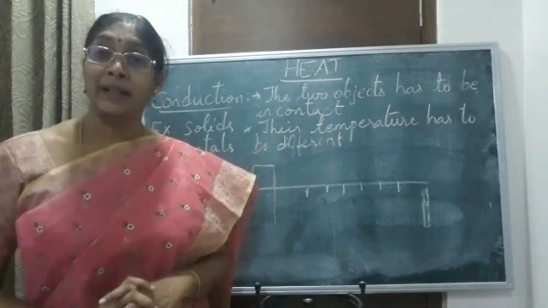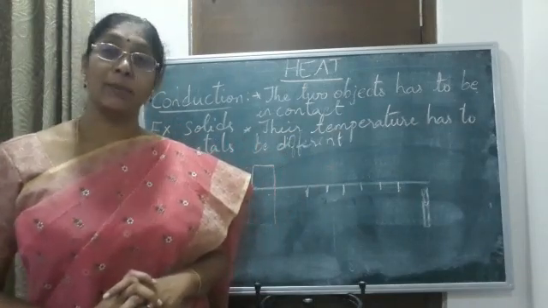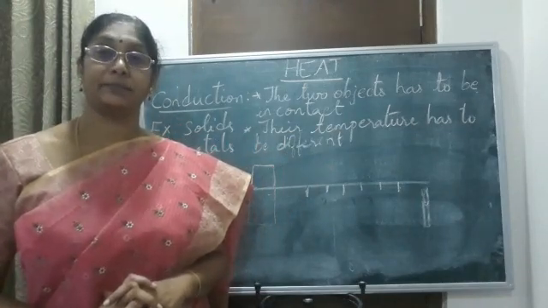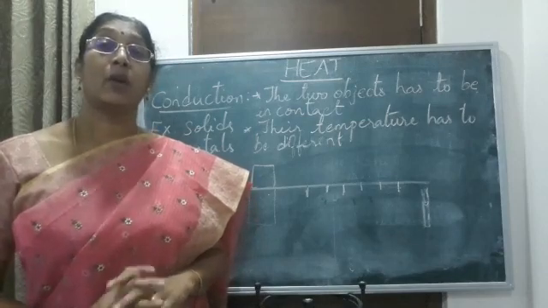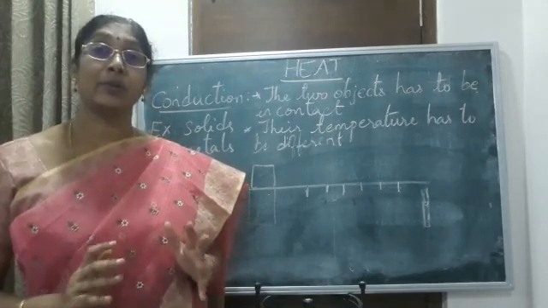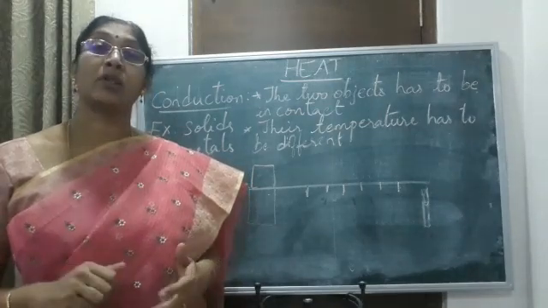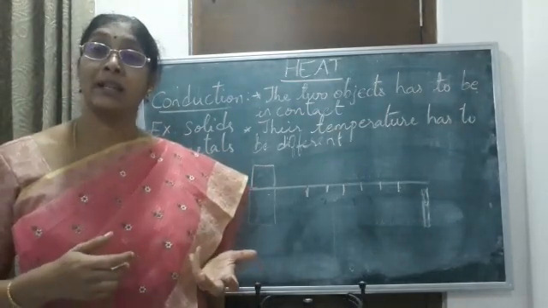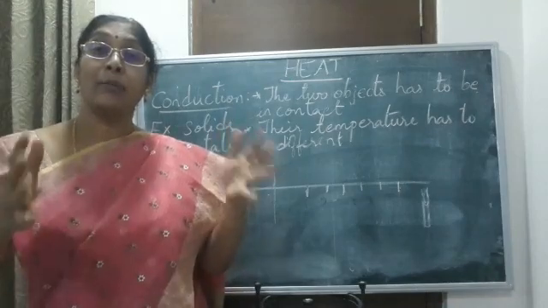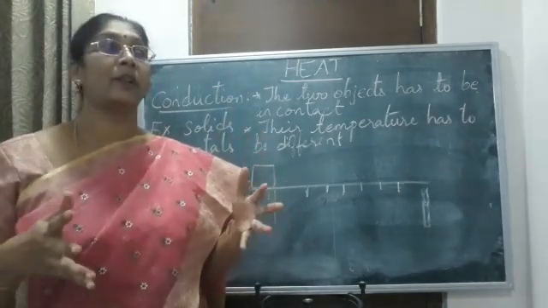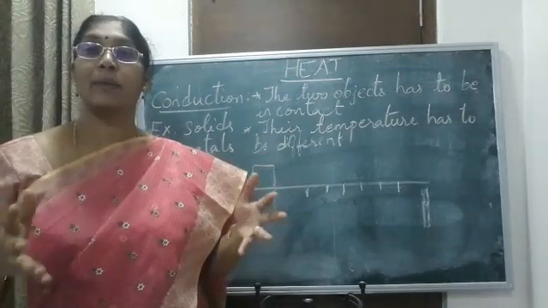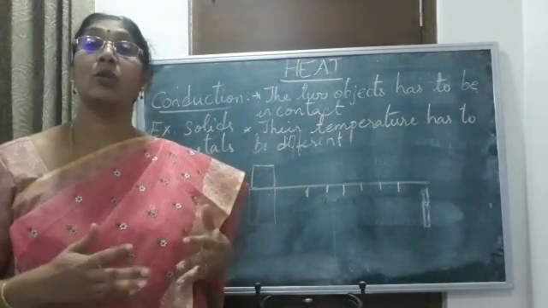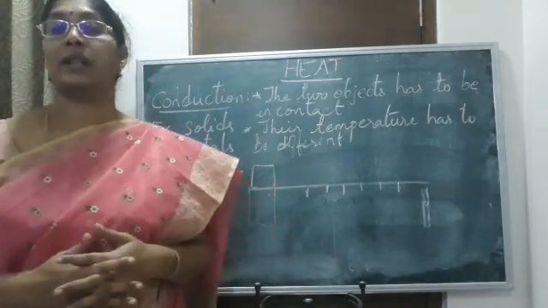All metals are good conductors of heat. That's why all the devices where heat is used, whether it is an iron box, a pressure cooker, or a frying pan, are made of metals. They are not made of wood or plastic, because only metals are good conductors of heat.